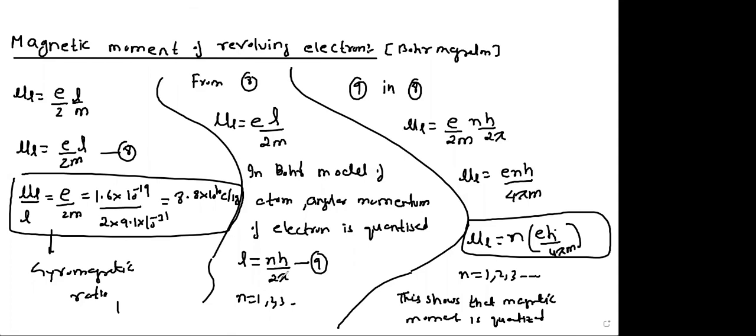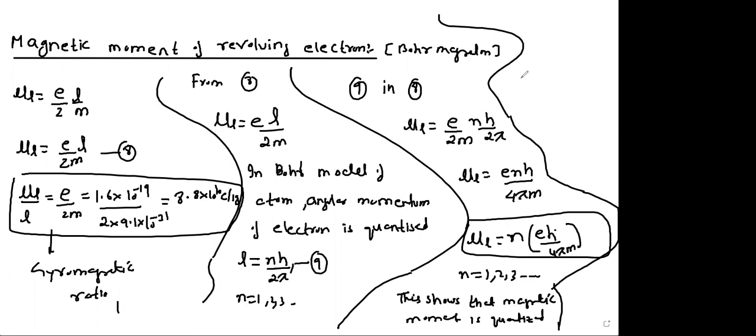It can have 1 into h by 2 pi, 2 into h by 2 pi, 3 into h by 2 pi, nothing else. Or 4, 5, 6 times h by 2 pi. In the same way, the magnetic moment is n into h by 4 pi m. Your n could be 1, so it would be eh by 4 pi m, 2 into eh by 4 pi m, 3 into eh by 4 pi m. The values are fixed. It's a multiple of eh by 4 pi m. That's why we say that the magnetic moment is quantized in this expression.